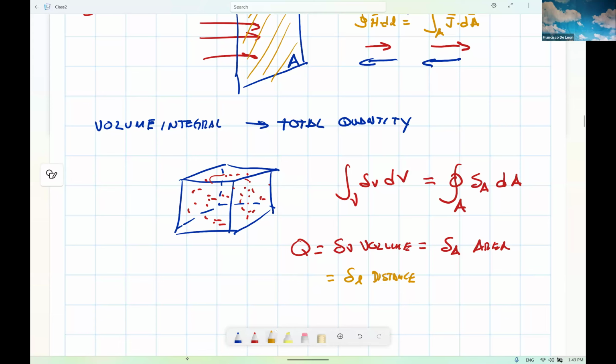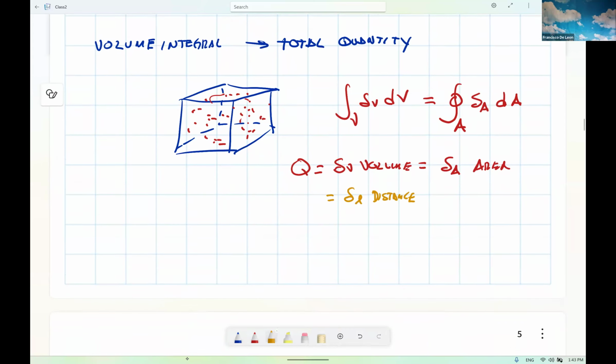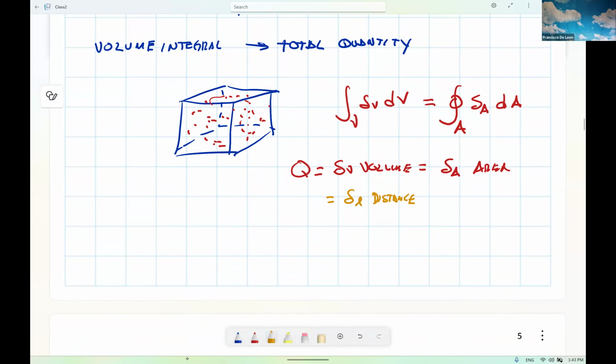All right. So if you want to do it in the integral way, you will say the charge will be the volume integral of the volumetric distribution of charges, and it will also be the surface integral of the surface distribution, and it will be the linear integral, the contour integral, of the linear distribution dot dl.